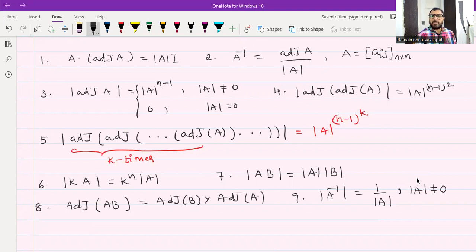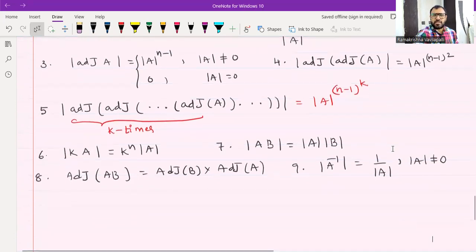These simple deductions or properties of adjoint of a matrix will play a very important role. Now I'm going to solve a few questions based on these concepts.